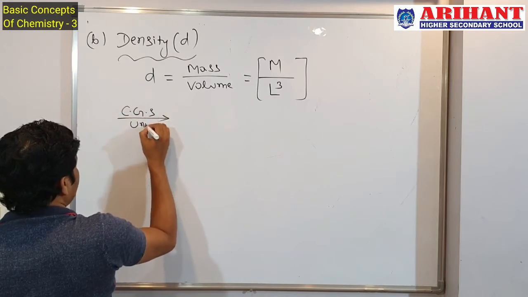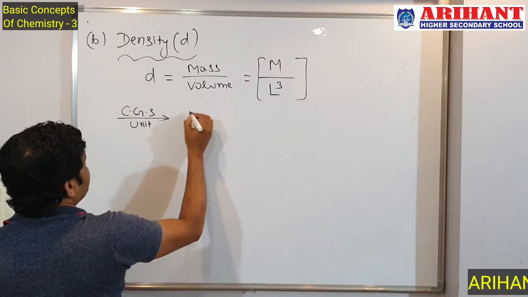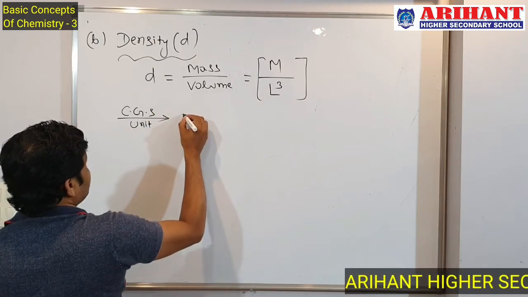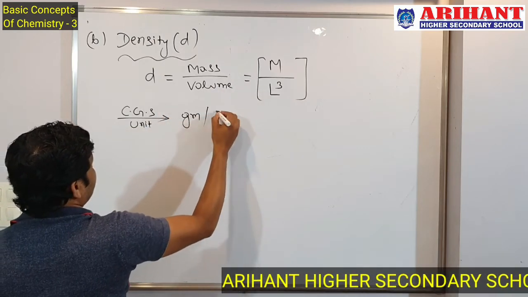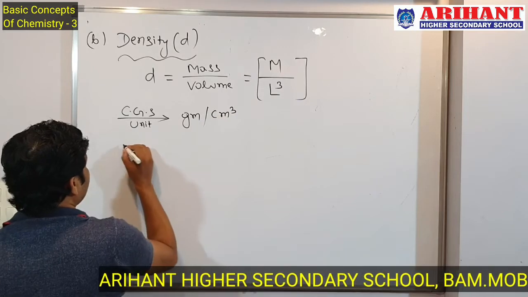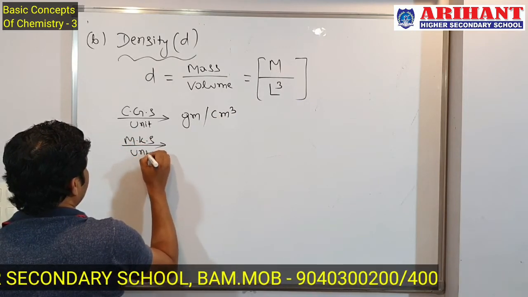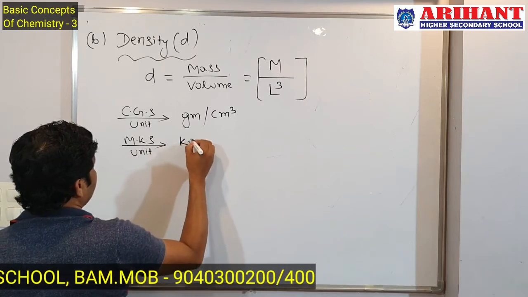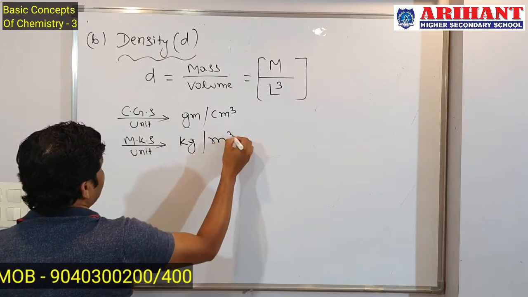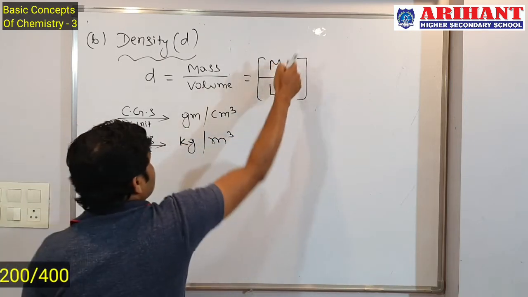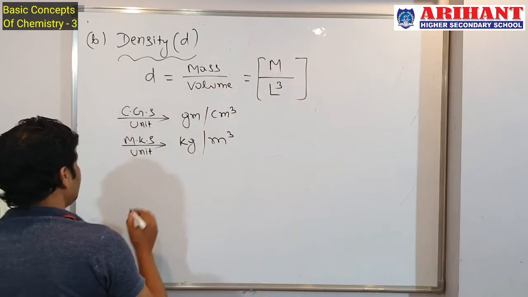CGS unit for mass, gram per cm cube. MKS unit, kg per meter cube.